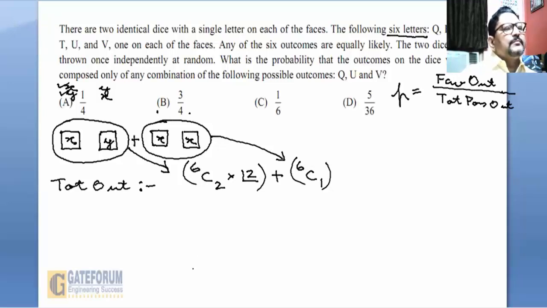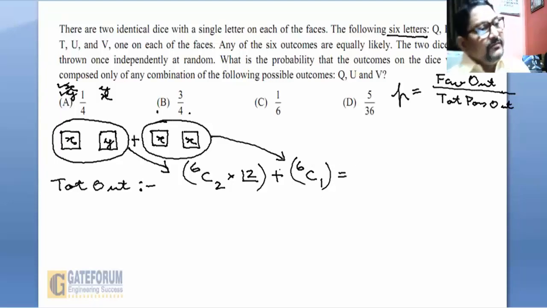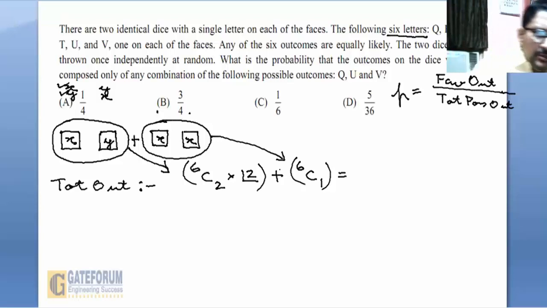So we add them. What is the result? 6C2 is 6 into 5 divided by factorial 2, which is 3 into 5, that is 15. 15 into factorial 2 would be 30 plus 6, so the result would be 36.